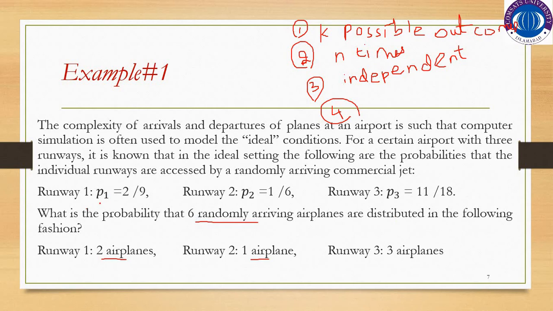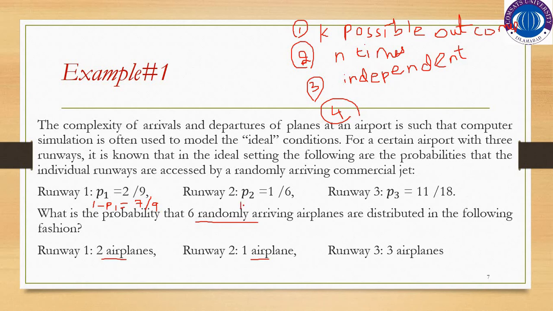The arrival probability at runway number 1 is 2 by 9, and the probability of not arriving is 1 minus P1, which is 1 minus 2 by 9, and it would be 7 by 9.